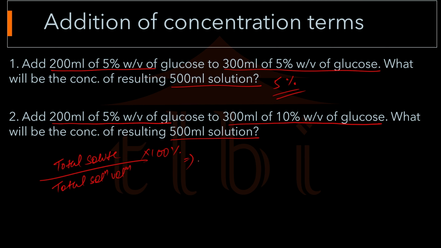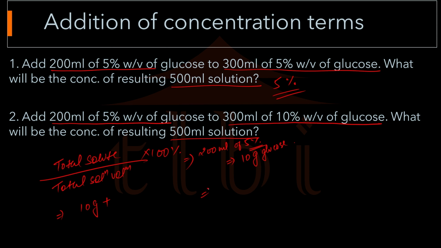So in the first case, which is 200 ml of 5% solution, right? So 5% means 5 gram in 100 ml. So 200 ml will have how much? 10 grams, right? So 10 gram glucose was measured by the first student, right?